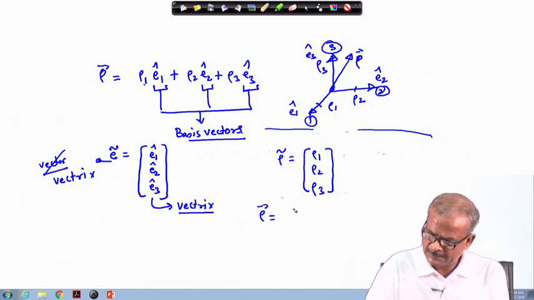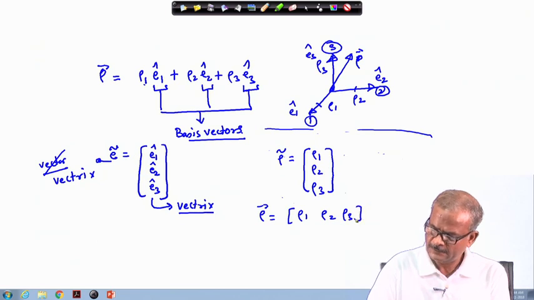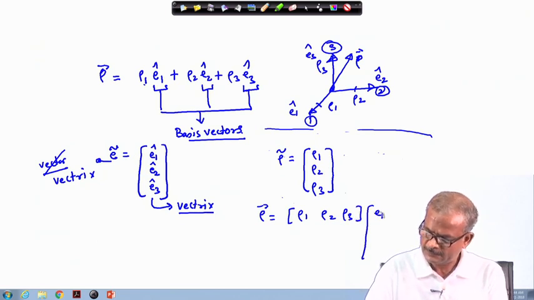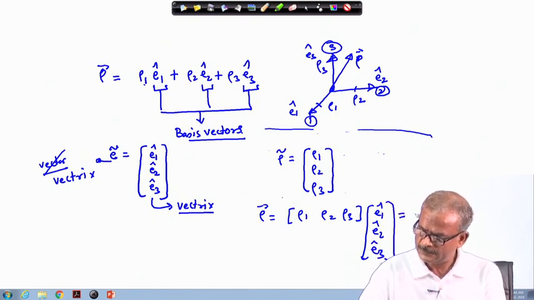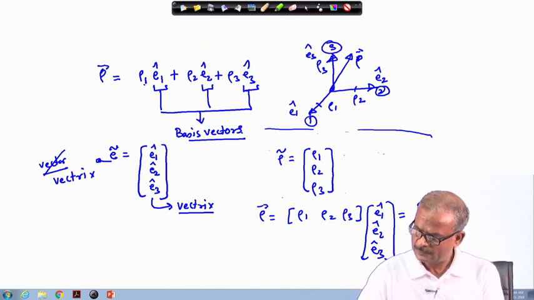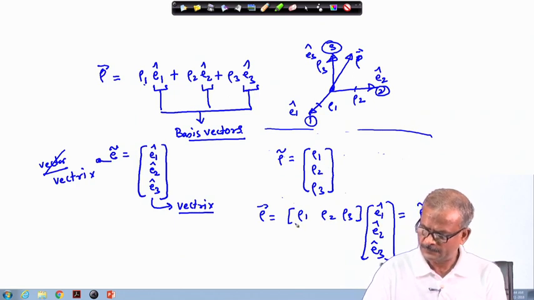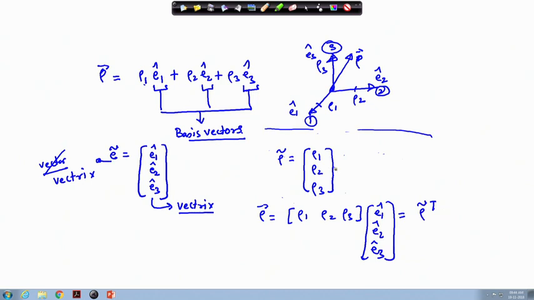You can see that if we write rho 1, rho 2, rho 3 times the inner product with e 1 cap, e 2 cap, e 3 cap, this you can write as rho tilde transpose, where rho tilde we have defined like this.